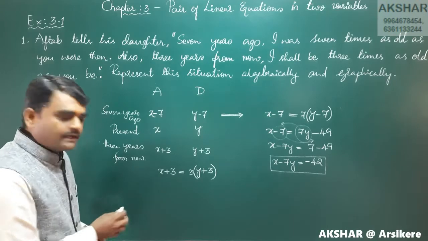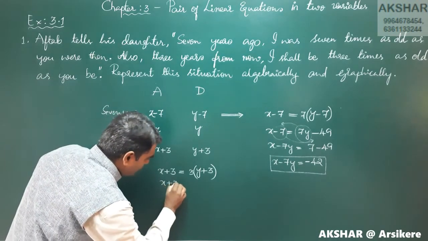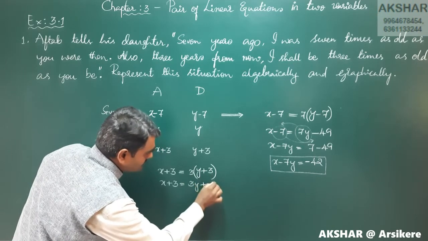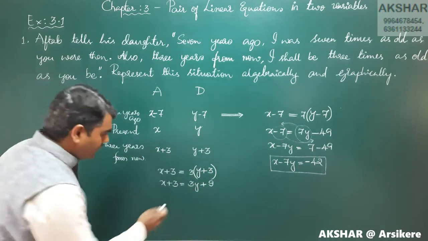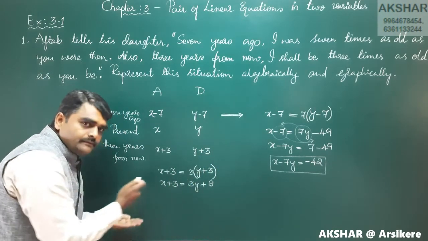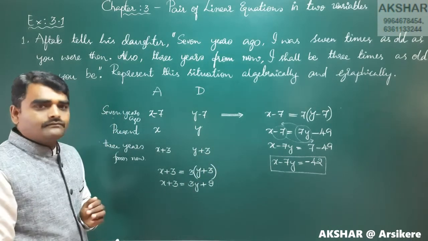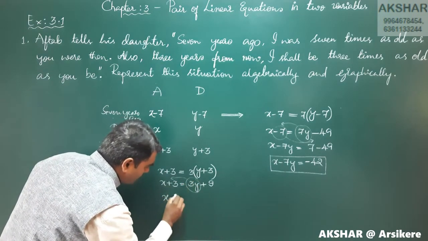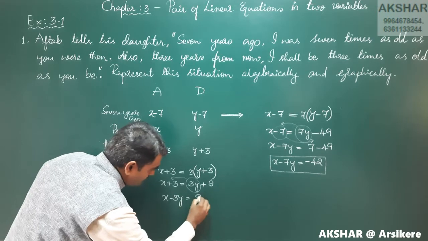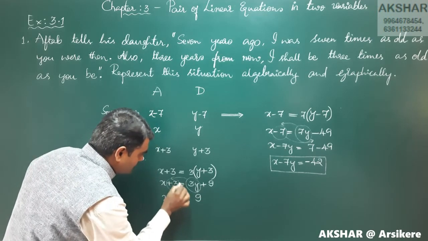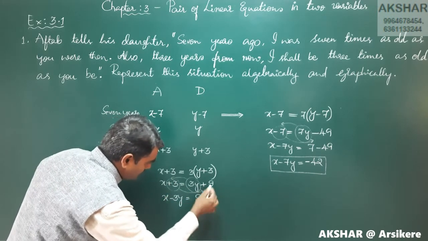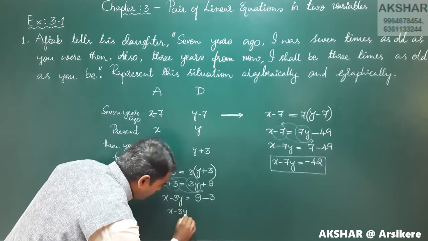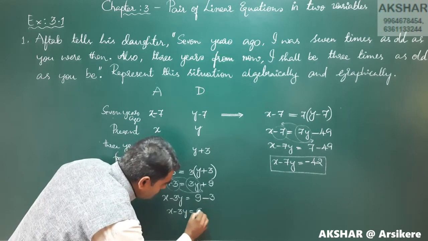Right. Now simplify this. x plus 3 is equal to 3 into y, 3y plus 3 3s are 9. Clear? Yes, in the same way variables all on one side and constants on one side, like that x minus 3y is equal to 9 minus 3, right. x minus 3y remains the same, 9 minus 3 is 6.